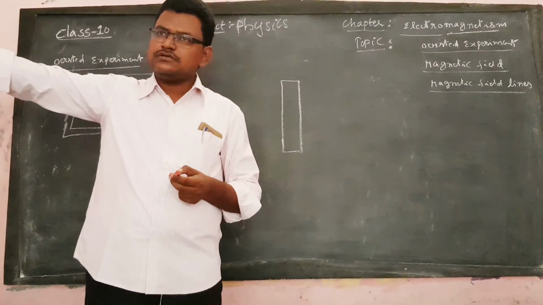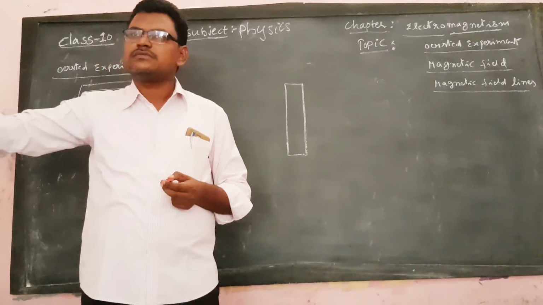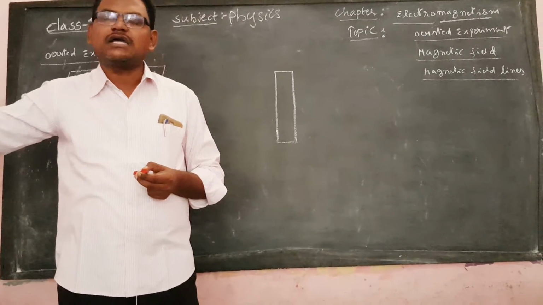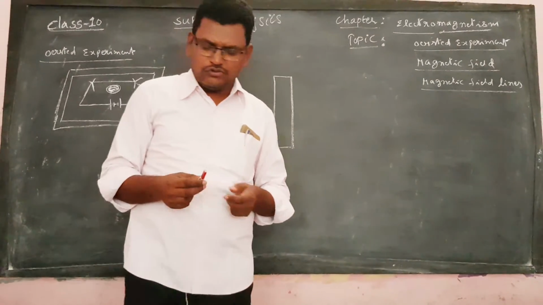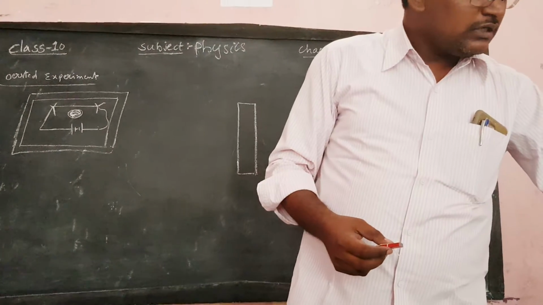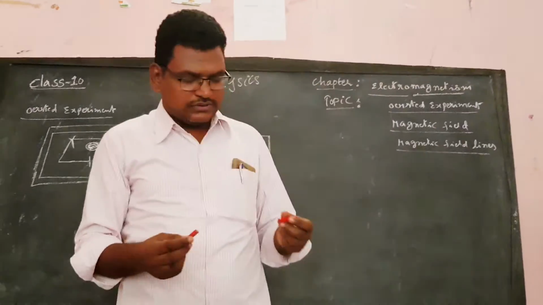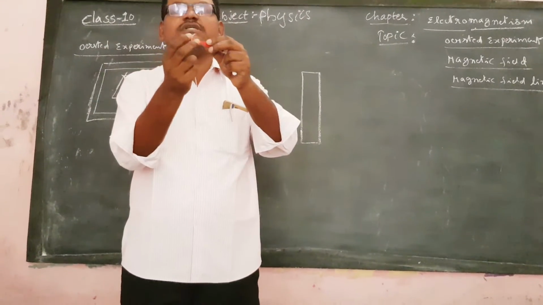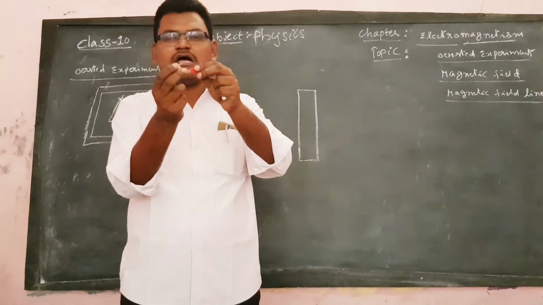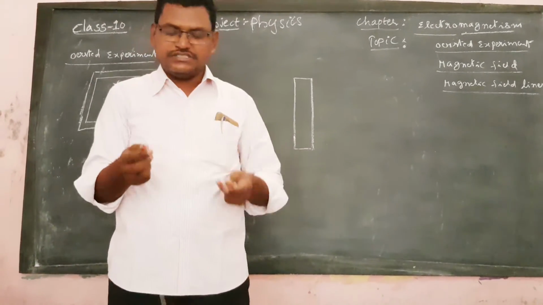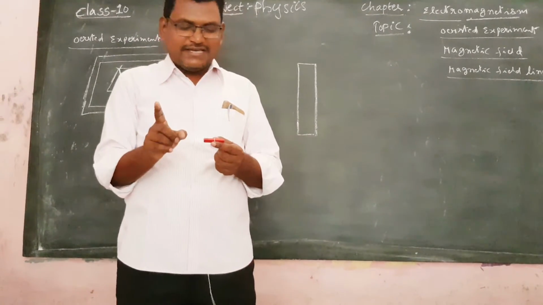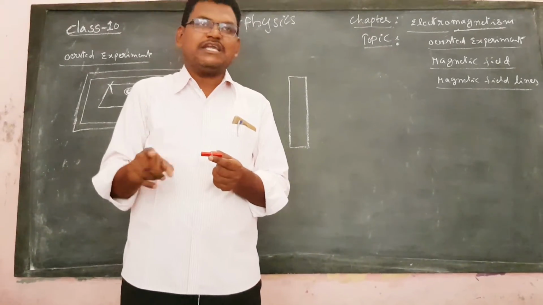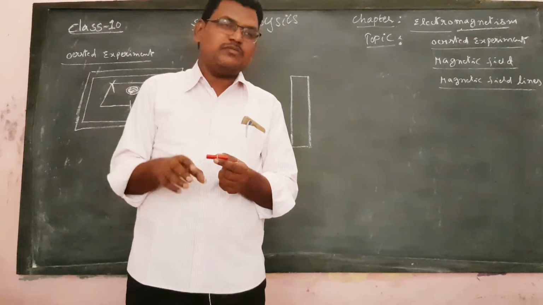The geographic south pole of the earth is actually the north pole of the earth's magnet, and we know that like poles repel each other, and unlike poles attract each other. So that's why a magnet can settle or align in the direction of a resultant external magnetic field.